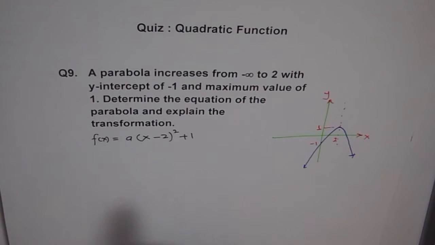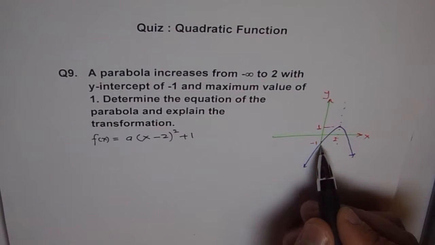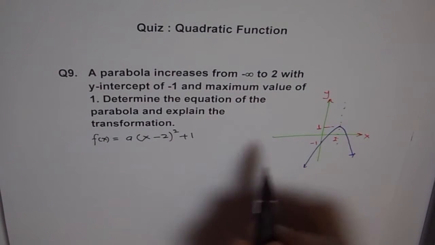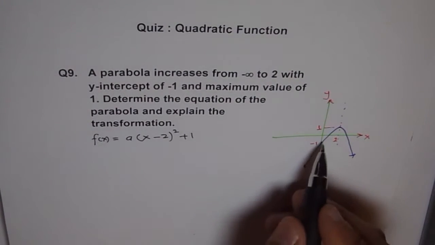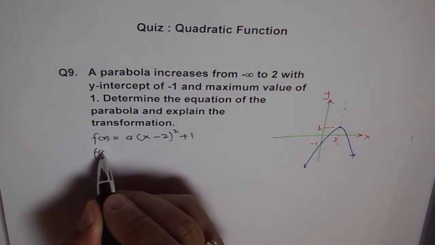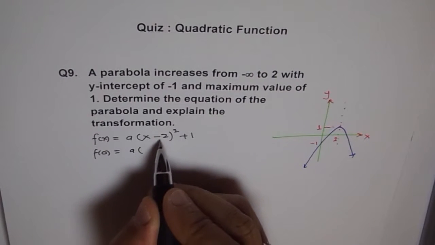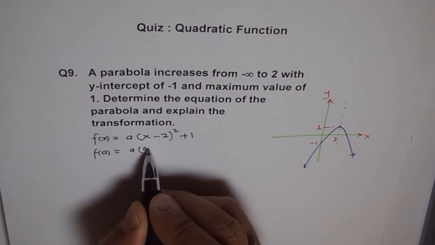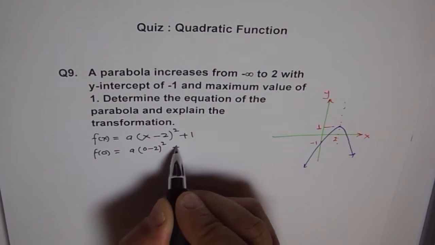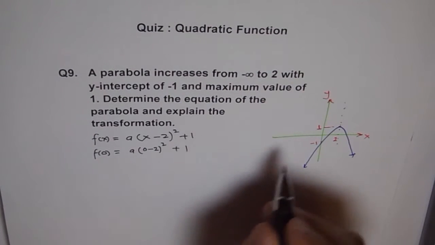The value of a can be found from the y-intercept, which says that at x equals 0, y is minus 1. So we plug this in. If x equals 0, a times 0 minus 2 whole squared plus 1, and at x equals 0 we have minus 1.